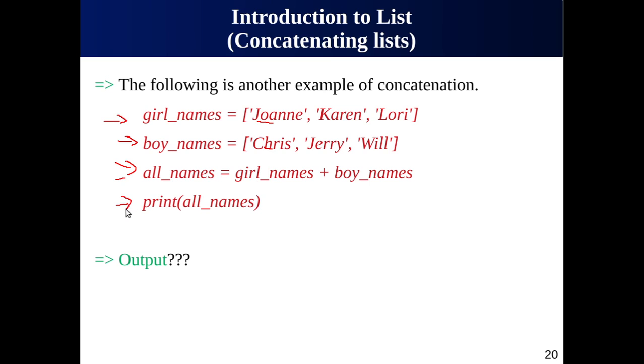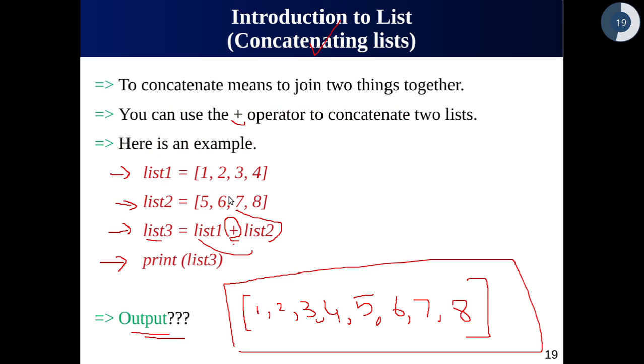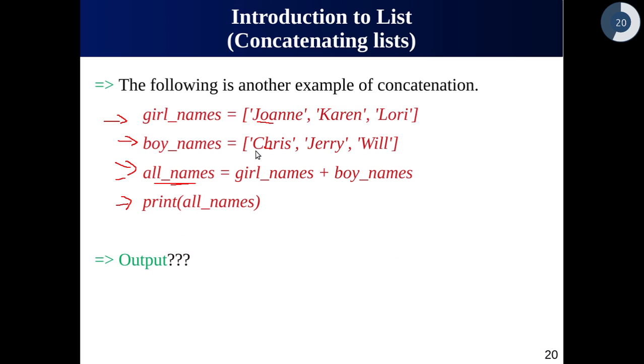Once you print this all name list, it will contain the names Joanne, Karine, Lori, and Chris, Jerry, and Will. Okay, so we can combine lists that contain integer type data, and we can also concatenate lists that contain string type data. That is also possible.